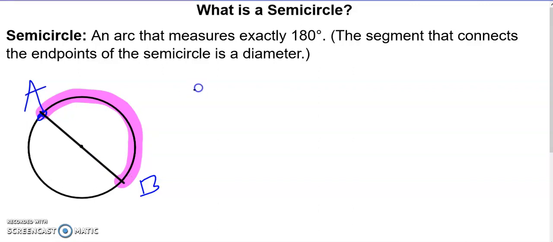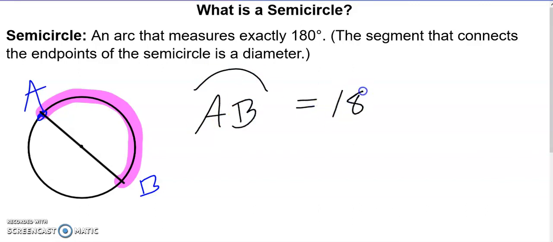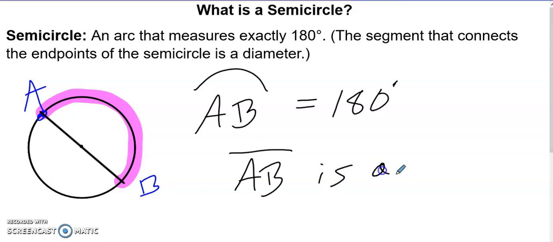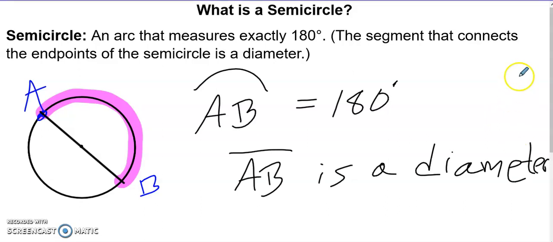So if we have our arc, this is arc AB, and it equals exactly 180 degrees. We know segment AB is a diameter. So if arc AB is a semicircle, segment AB is a diameter, because segments cut circles exactly in half.